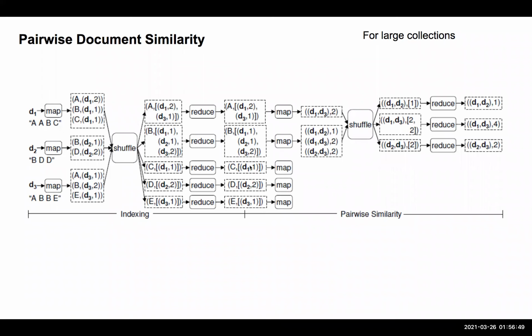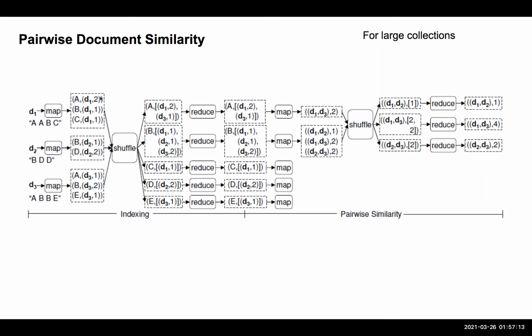Within this methodology, it's split into two main parts. The first one is indexing. The second one is the pairwise similarity. Here is an example with three different documents. Each one has different terms.